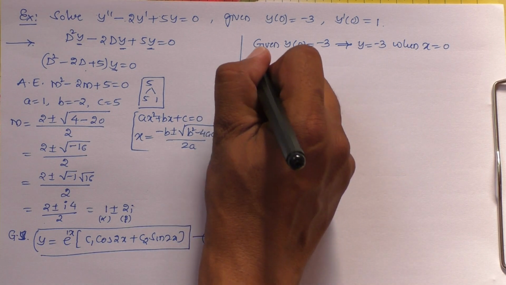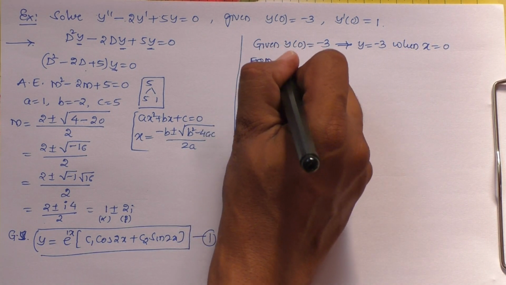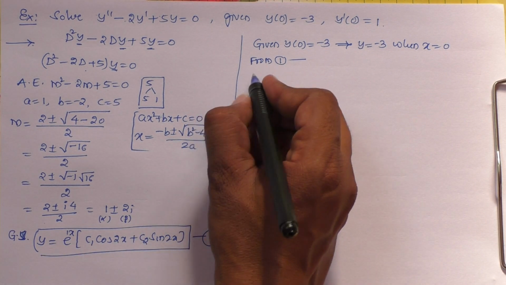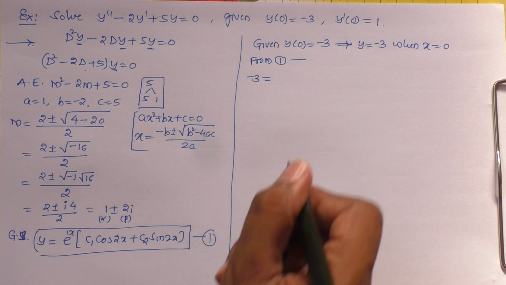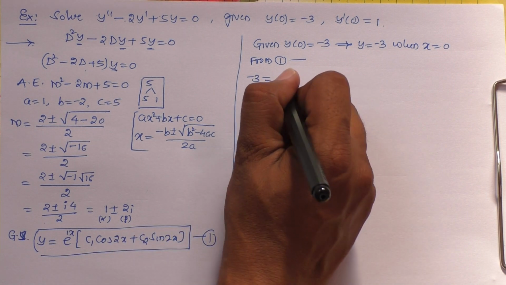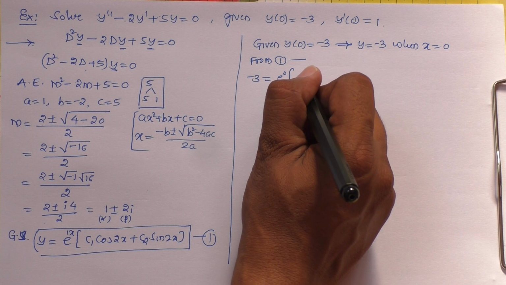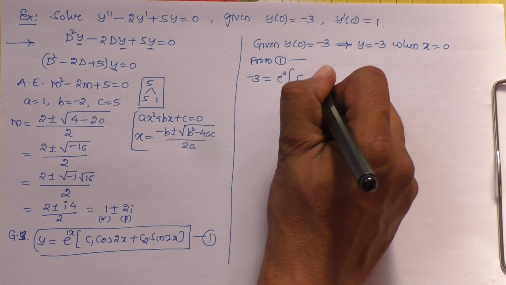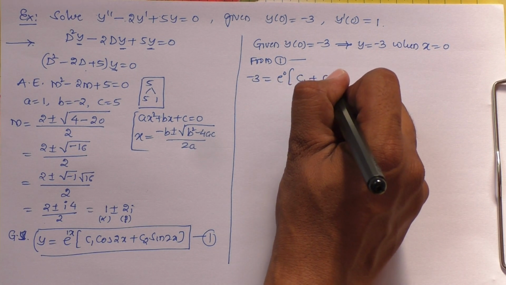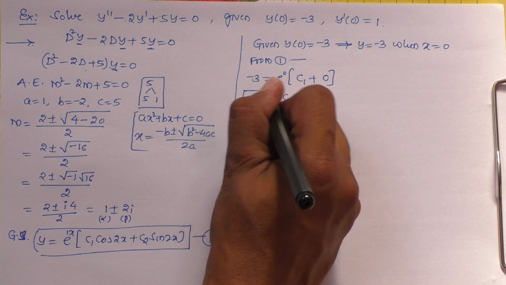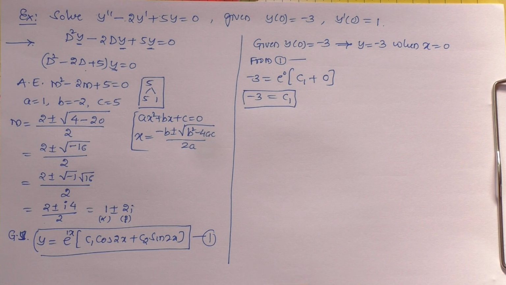Apply this in equation 1. Now y is -3 when x is 0: e^0 into bracket c1 cos 0, which is 1, c1, plus c2 sin 0, which is 0. So we get c1 = -3.